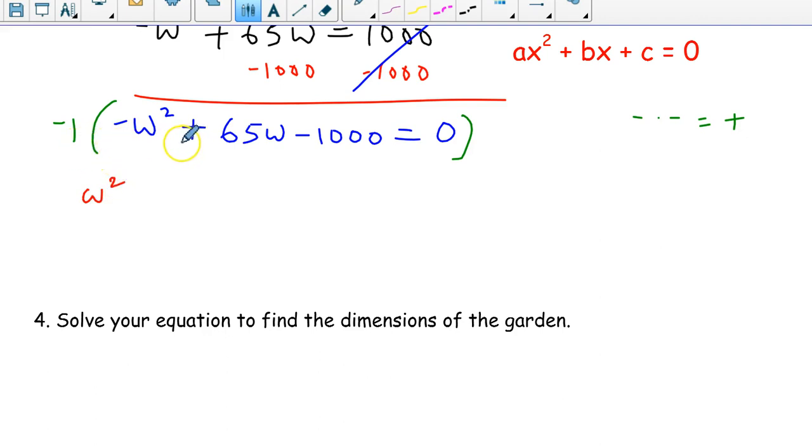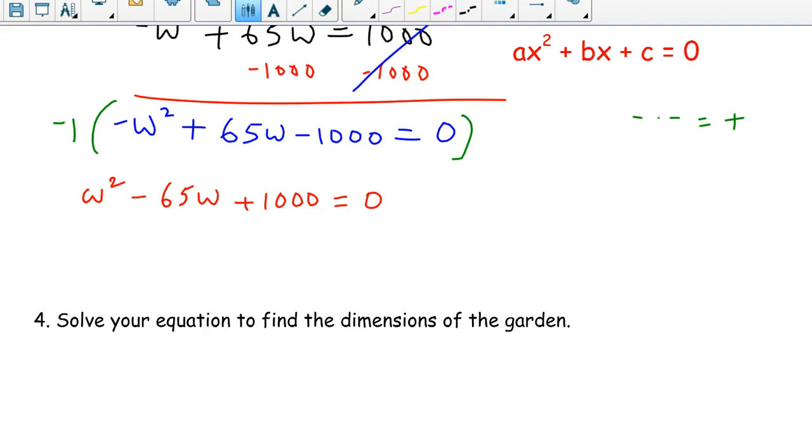Now positive times negative times positive will be a negative 65W, and again negative times negative is positive, and 1 times 1000 is 1000, is equal to -1 times 0. So 0 times any number gives you 0 only, so it is just 0.